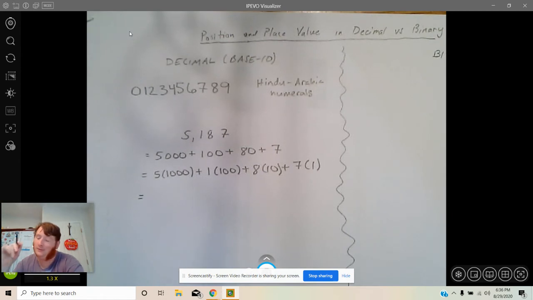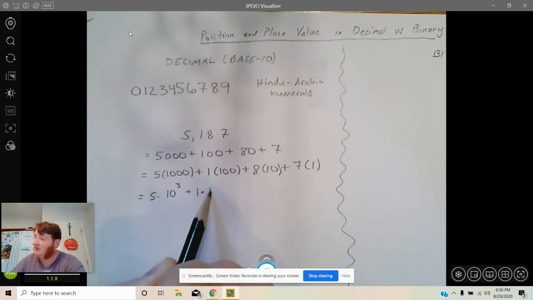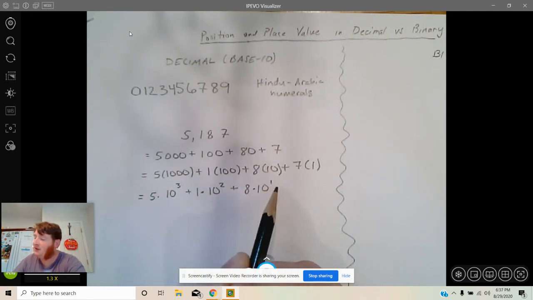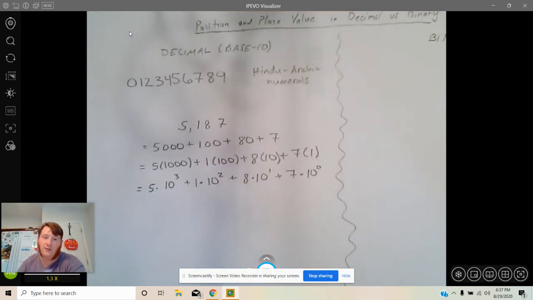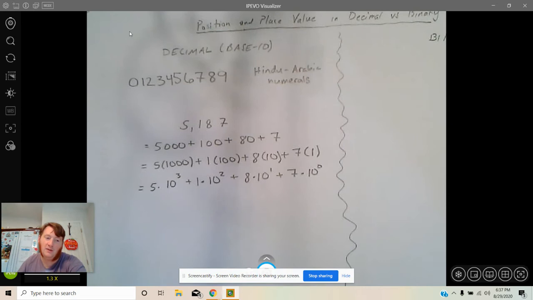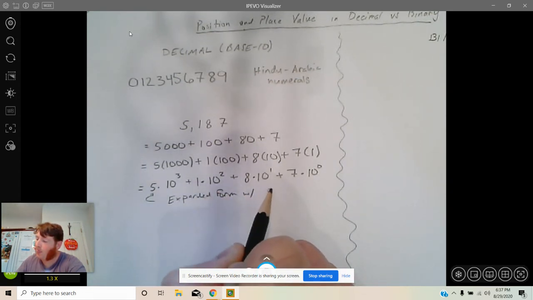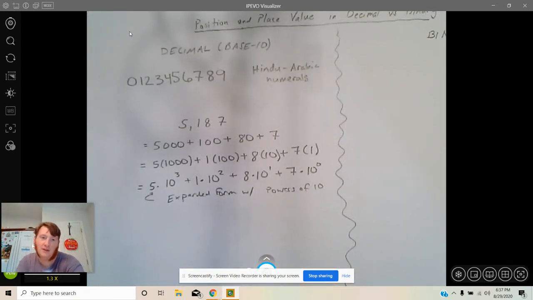We just use it. So this would be 5 times 1,000 is 10 to the third, plus 1 times 100 is 10 squared, plus 8 times 10 to the first, plus 7 times 10 to the 0. And so that's a fully expanded form using exponents. So we're making the powers of 10 kind of obvious.